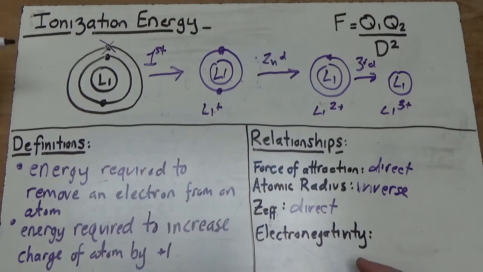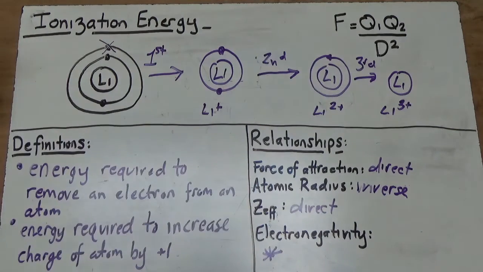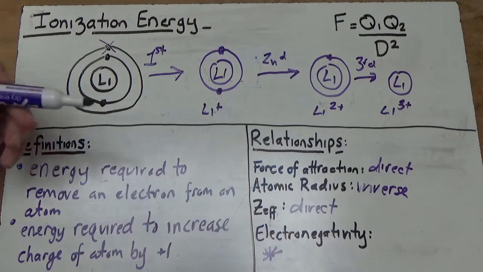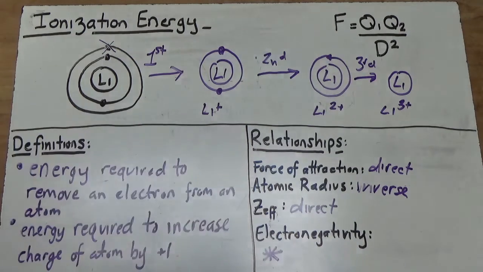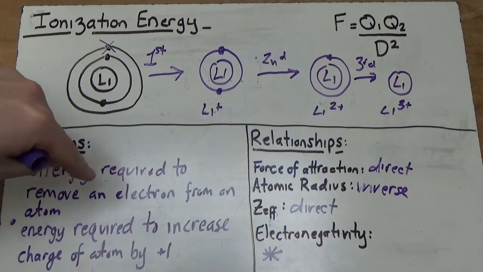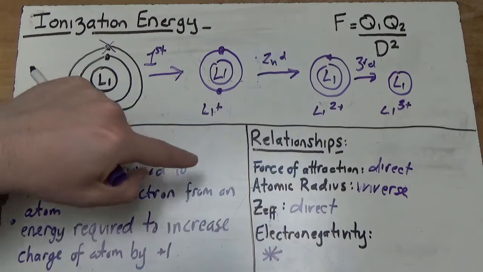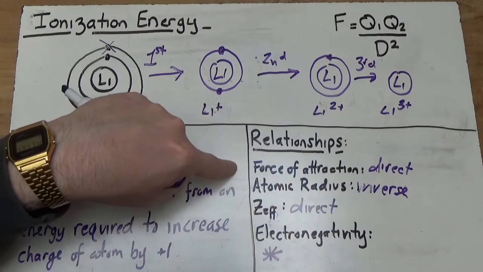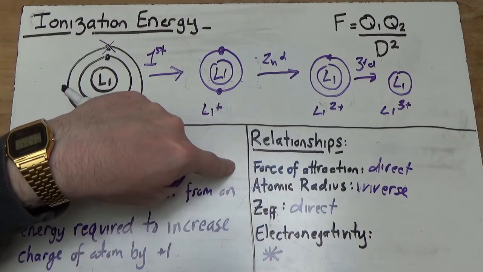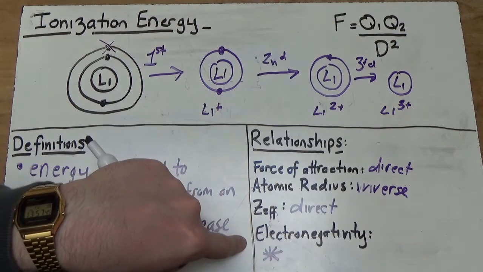Now this last one, I do want to put a little bit of an asterisk here. The answer I give here is going to be with the exception of noble gases, so I will not be considering noble gases here. But for electronegativity, let's think. If it is really difficult for me to remove an electron, then it stands to reason that that electron has a strong force of attraction to the nucleus, which also probably means that electronegativity is high.